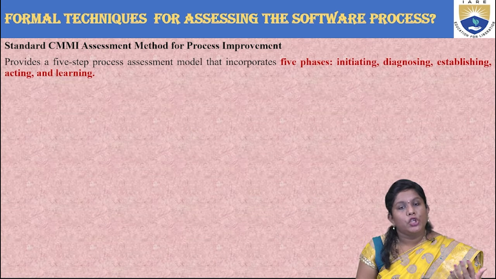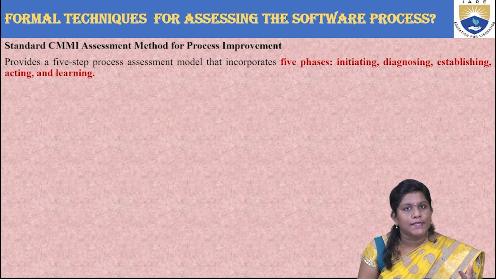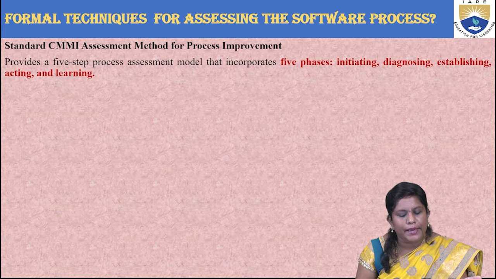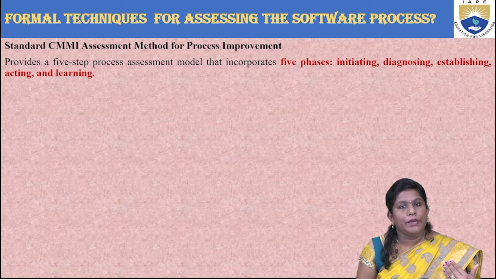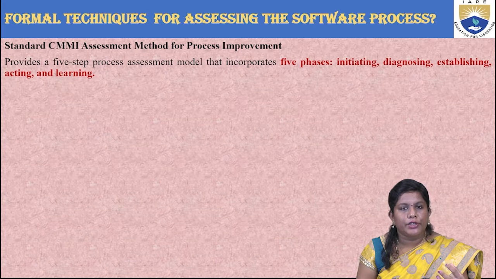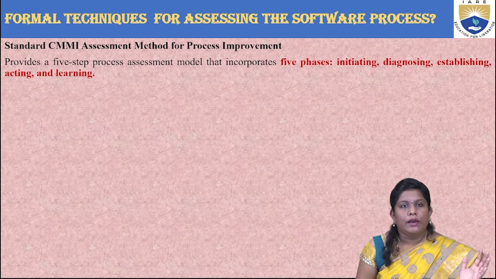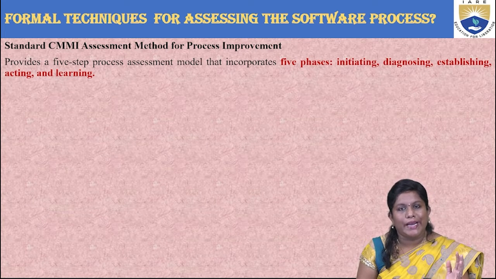In the same way, to assess a software process, we have some formal techniques. The first one is the standard CMMI assessment method for process improvement. If you want to improve one particular process, you have one standard, which involves initiation, that is, taking the initial inputs, then having a proper focus and read on those inputs, which is called diagnosing.